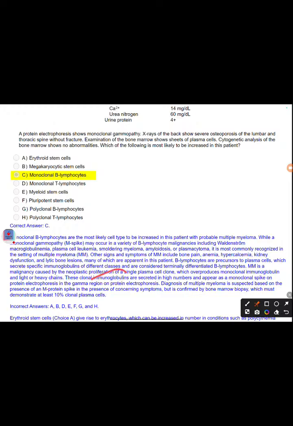These clonal immunoglobulins are secreted in high numbers and appear as a monoclonal spike on protein electrophoresis in the gamma region. Diagnosis is based on the presence of an M protein spike in the presence of concerning symptoms, but it is confirmed by bone marrow biopsy, which must demonstrate at least 10% clonal plasma cells.